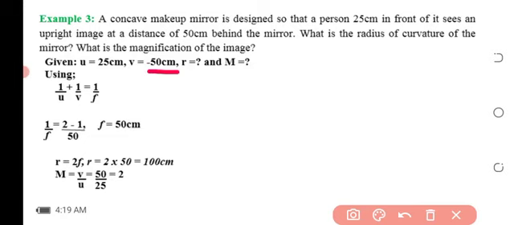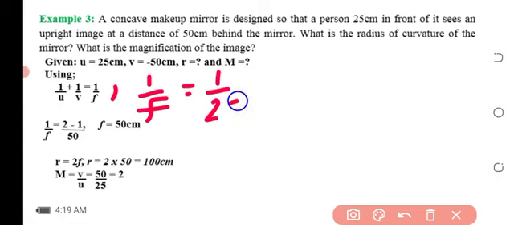Now, we have to find the radius of curvature. Using the mirror formula, we just substitute the values into the formula. So 1 over f will be equal to 1 over u, which is 1 over 25.